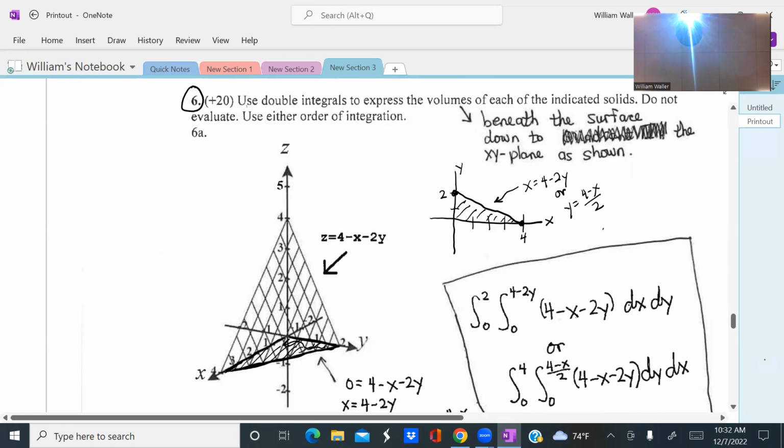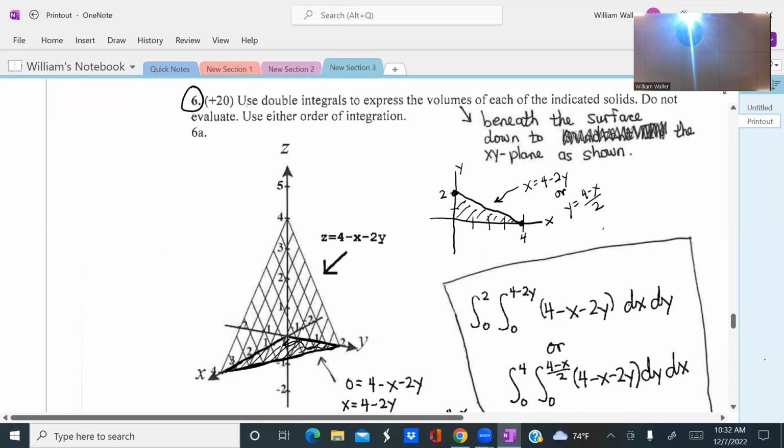So there's our region of integration and the formula for this line. We can write it in a couple of ways. That's really enough for us to set up the double integral. So what will the double integral look like? You've got your double integral, and the integrand is just the formula for the plane, 4 minus x minus 2y.